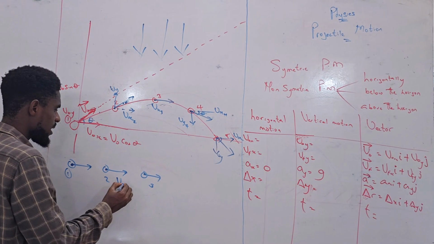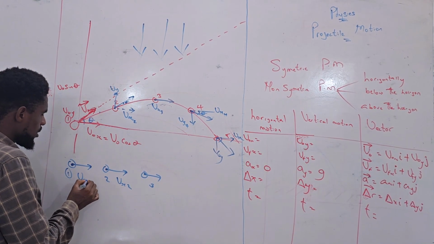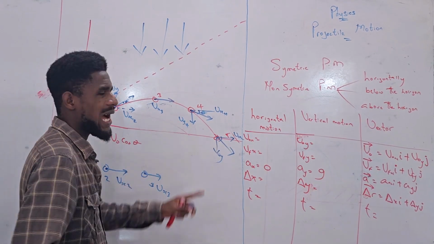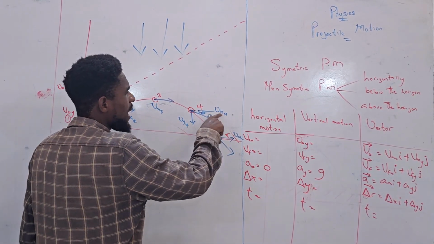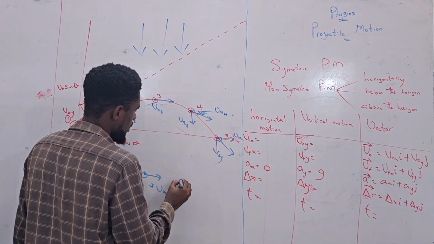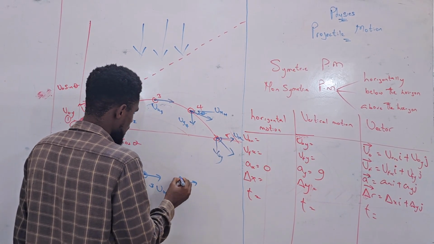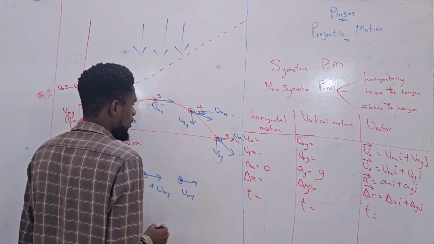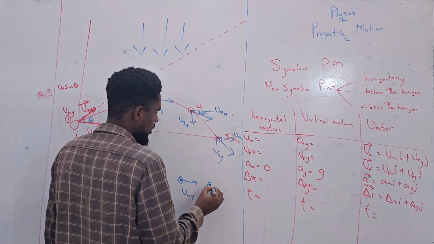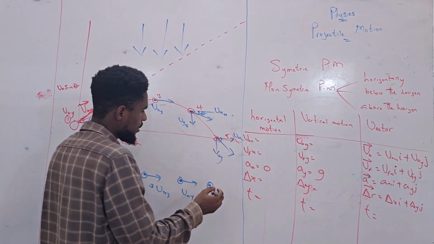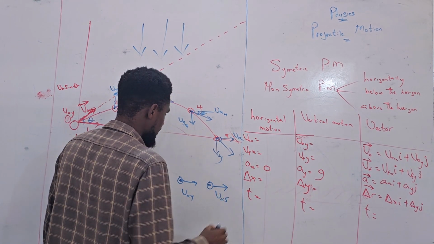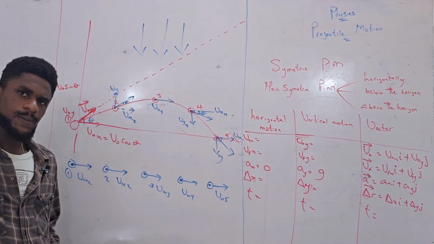So this is Vx2, this is V naught of x, this is Vx3. Correct. At point 4, what direction is my Vx still moving in? Still towards the right. Okay, so this is Vx4. At point 5, what direction is my Vx moving in? You see that it is still moving towards the right, Vx5.